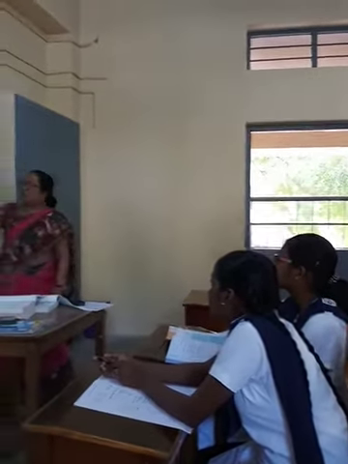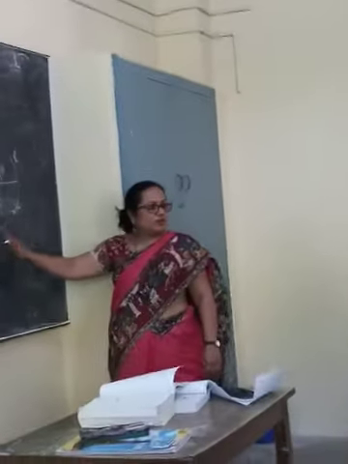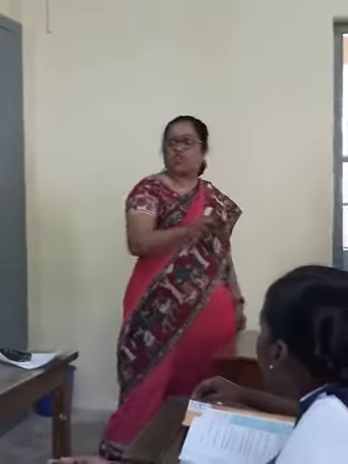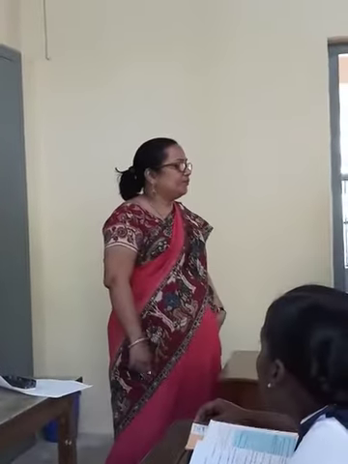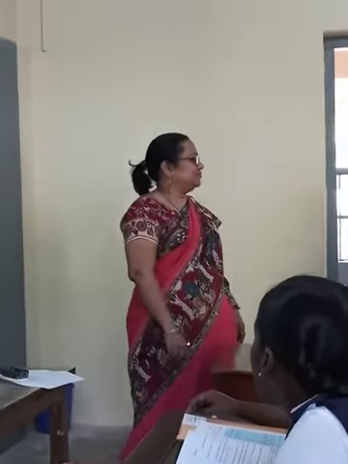So now we are also going to learn about one more kind of angle measurement, which is called the radian measure. What is the definition of radian measure? How do you define a radian?